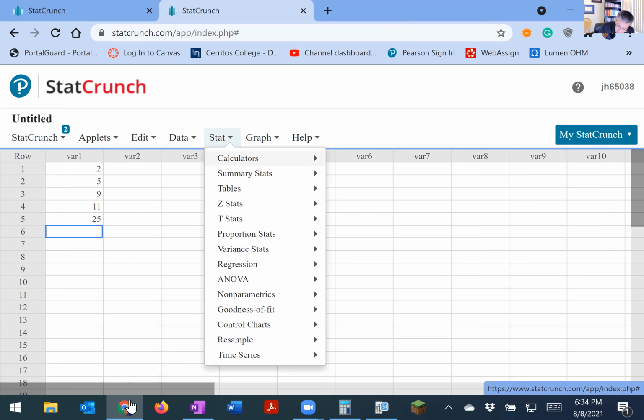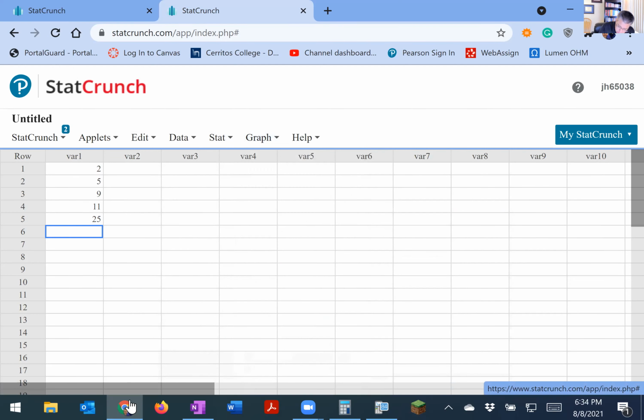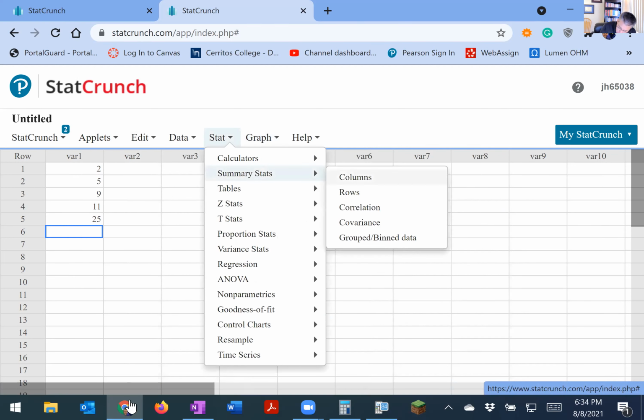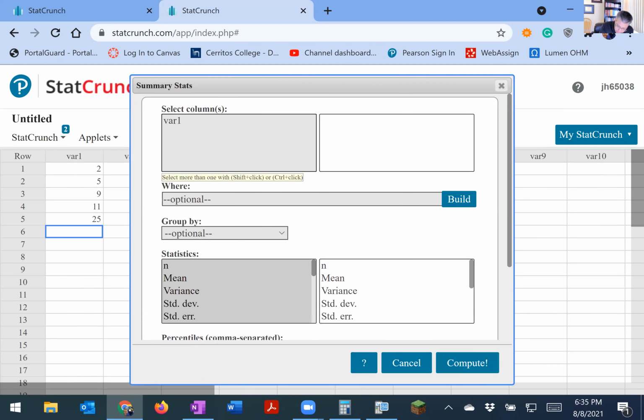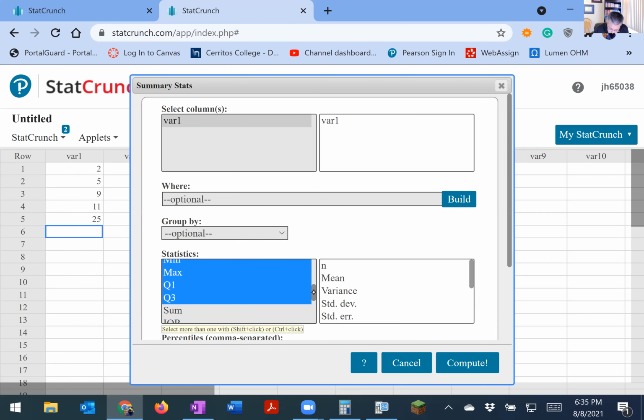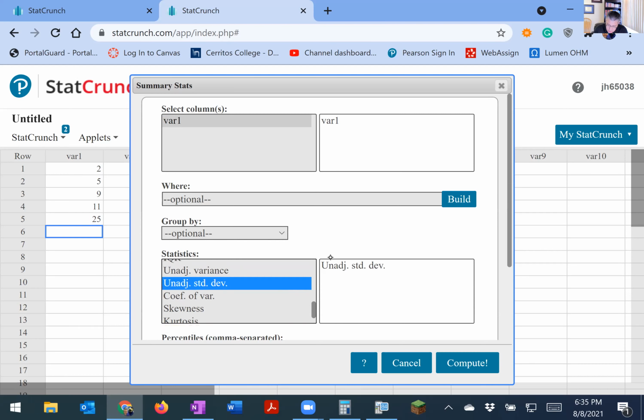Stat, summary stats, columns, and then I'm going to hit my variable 1 column, but then I'm going to have to arrow down, scroll down to where this says unadjusted standard deviation, and add that to the column on the right.